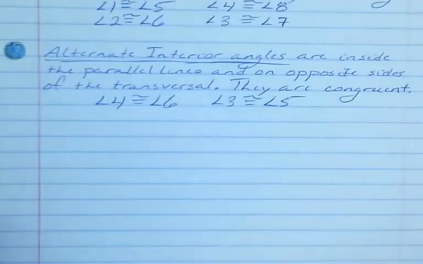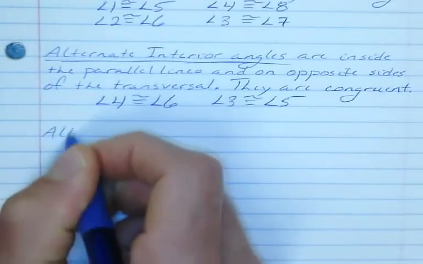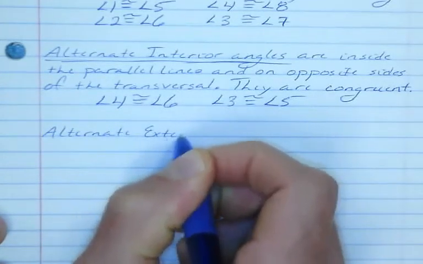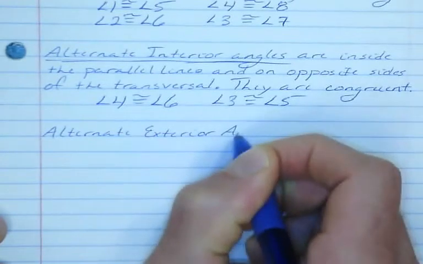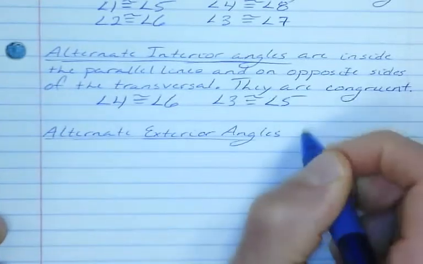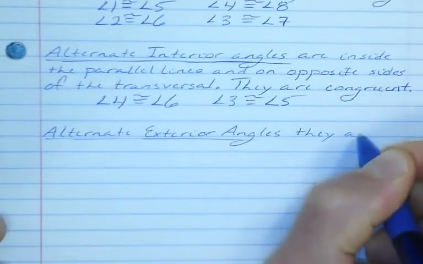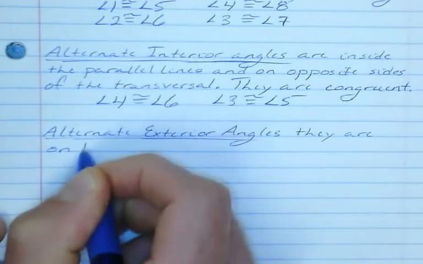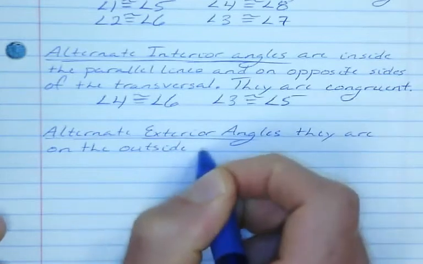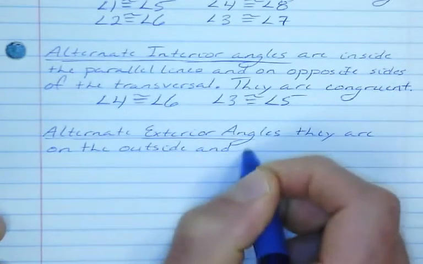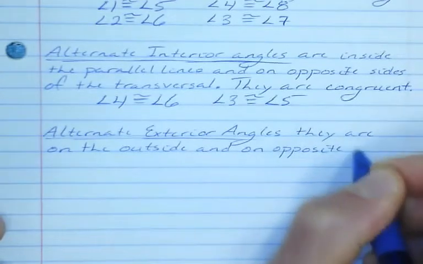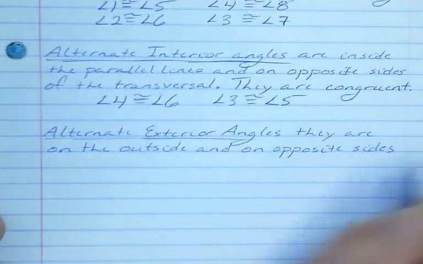Next one we want to talk about is alternate exterior angles. They are on the outside and on opposite sides of the transversal.